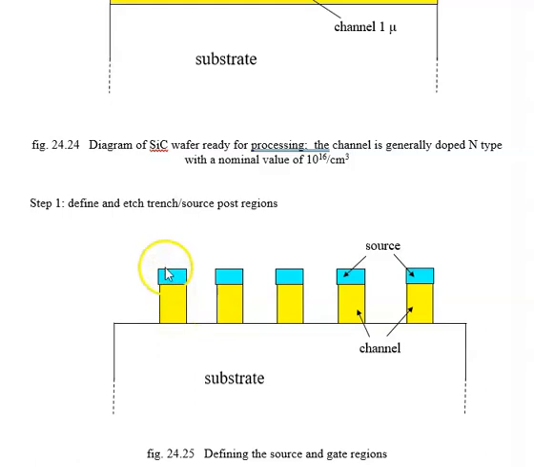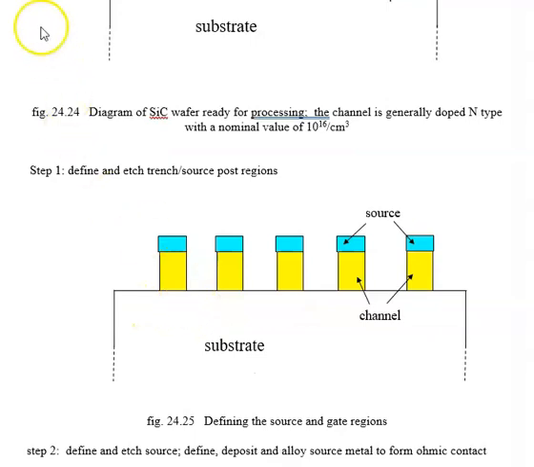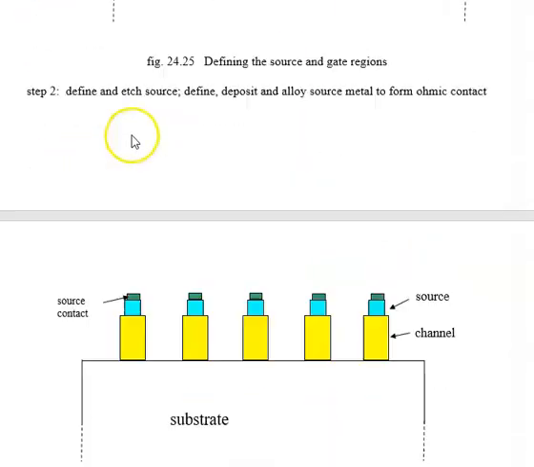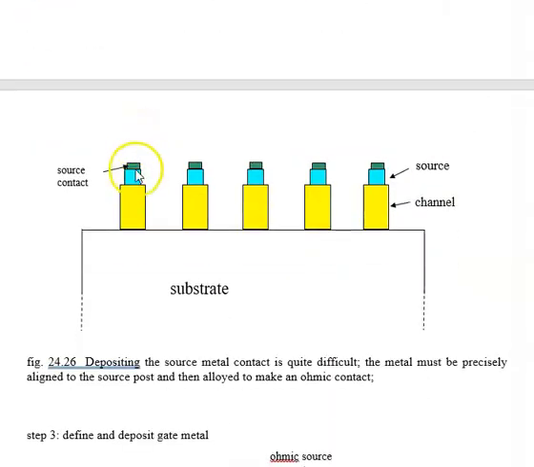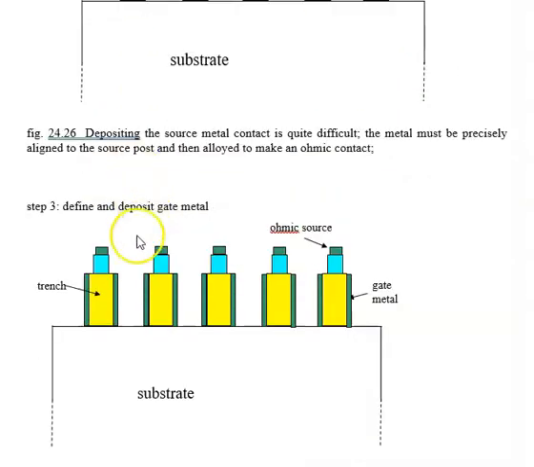And now we're going to put a source contact, a metal source contact, and we're going to put gate metal on the sides of the trenches. So that is shown in the next two figures. First we put the source contact metal, and then we put the gate metal.